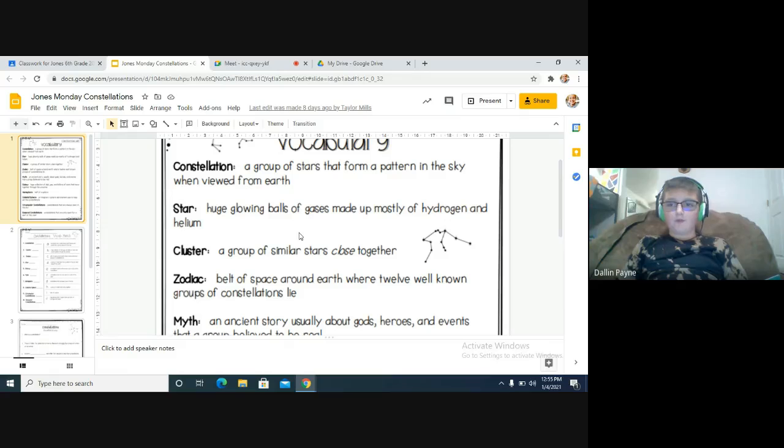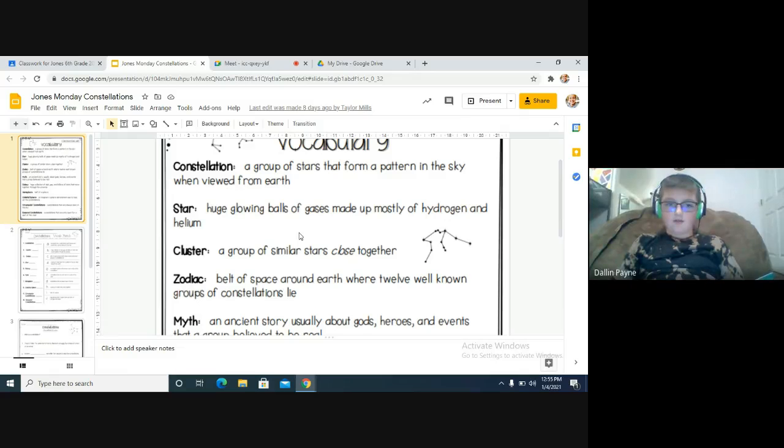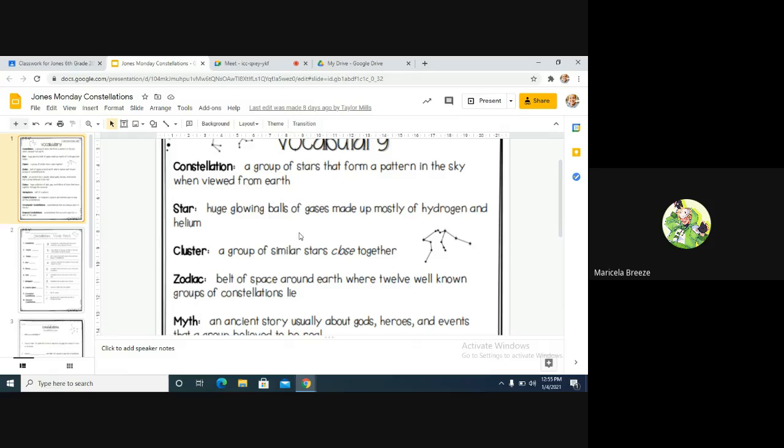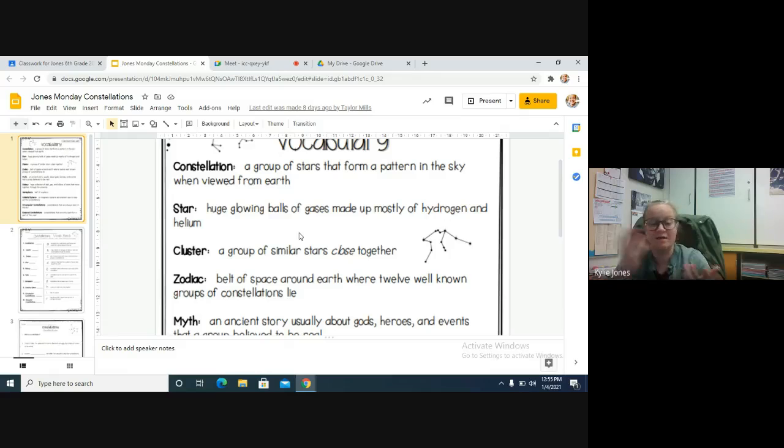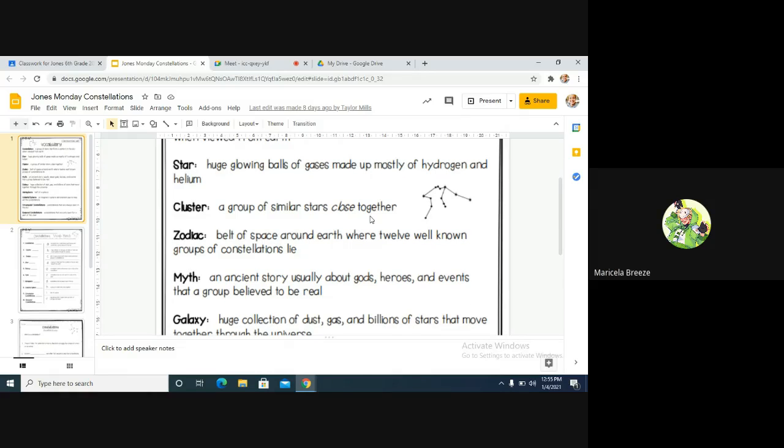I want to go up and walk on a star. I don't know if you can walk on a star. Maybe by the time you're old enough, you'll have figured out how to do that. That'd be cool. If we can't go to the sun or get anywhere near the sun, we can't walk on a single star. It might be too hot. Stars are basically suns, and suns are basically stars.